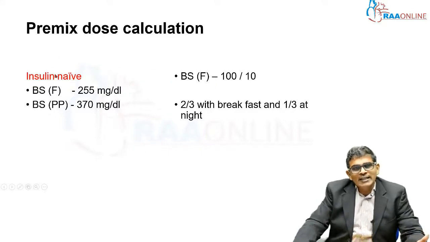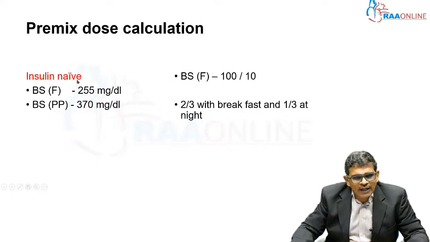Now the patient is insulin naive, not taking any insulin. How are we going to do the calculation? Again the same formula. The fasting blood sugar is 255 minus 100, it is 155 by 10, so it is 15 units: 2/3, 10 units, with breakfast and 1/3 at night. Here we don't need to add the 24 because the patient is not on any insulin.